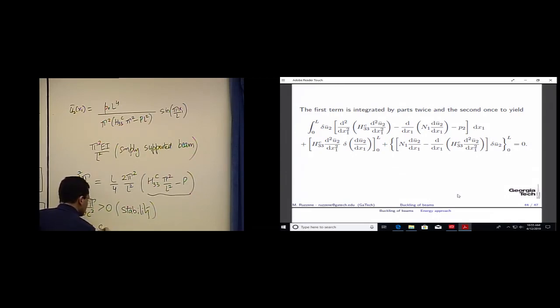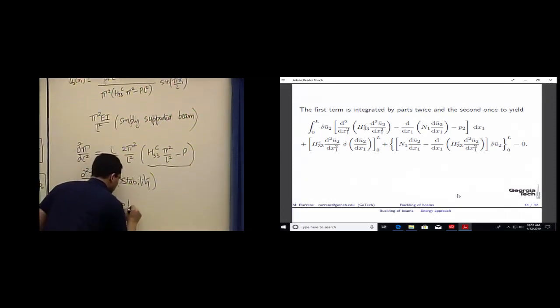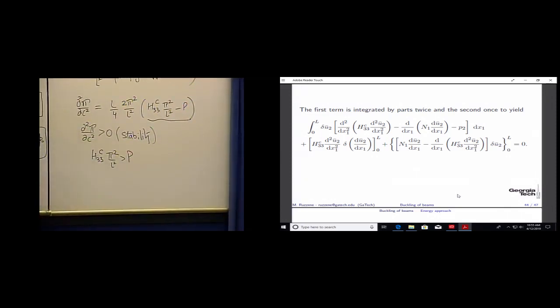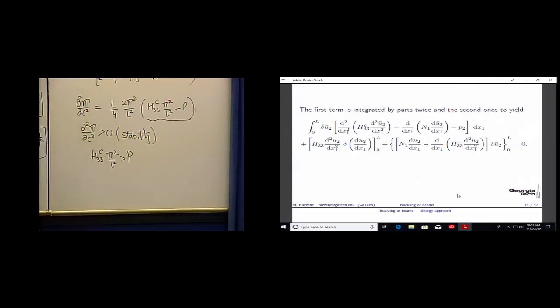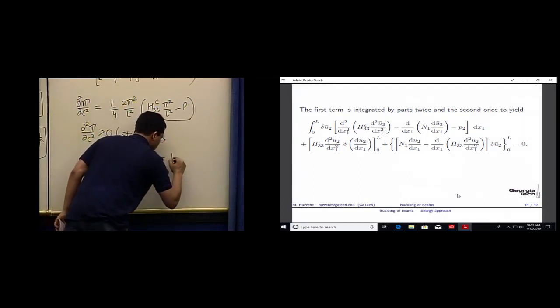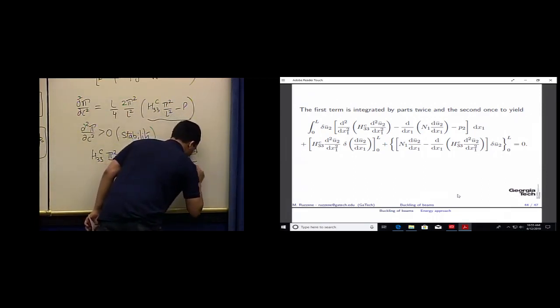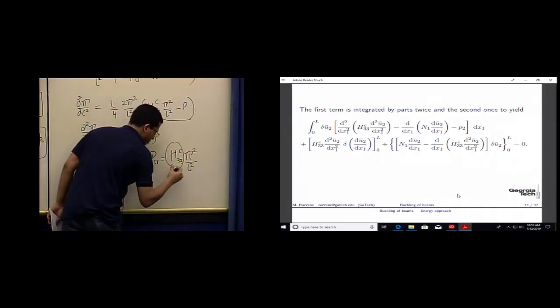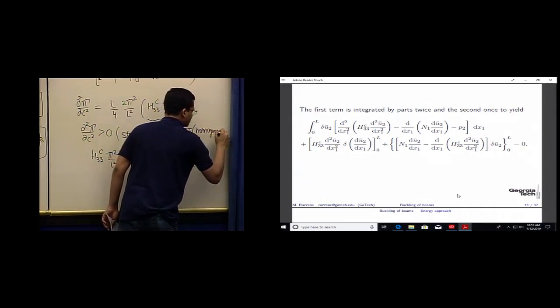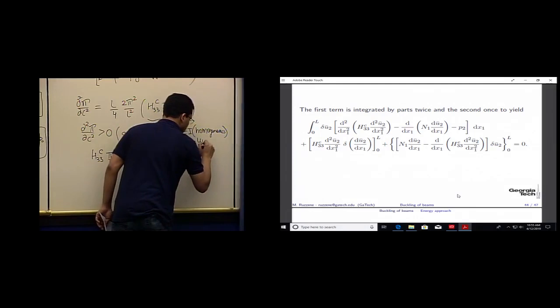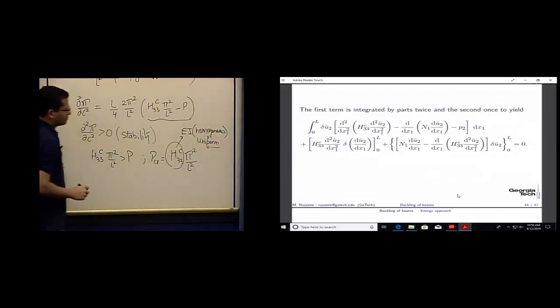So H33C pi squared over L squared should be greater than P. So P critical is equal to H33C pi squared over L squared, and H33C is EI for a homogeneous uniform beam. So using energy methods, we can derive the P critical.